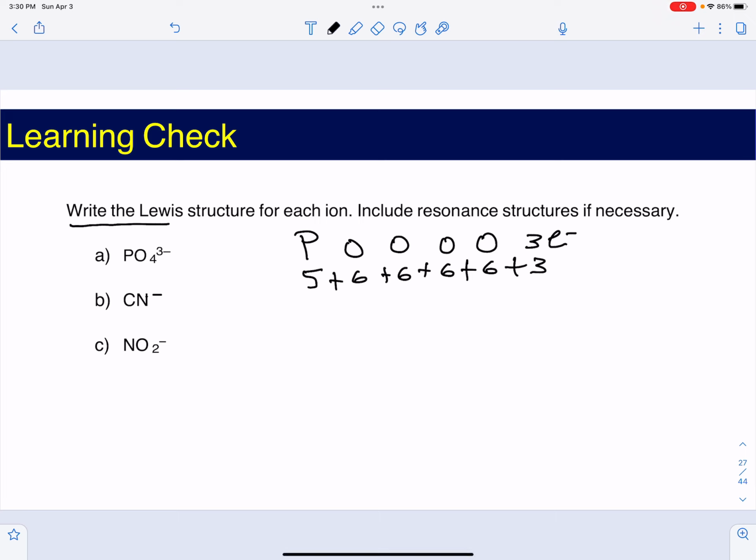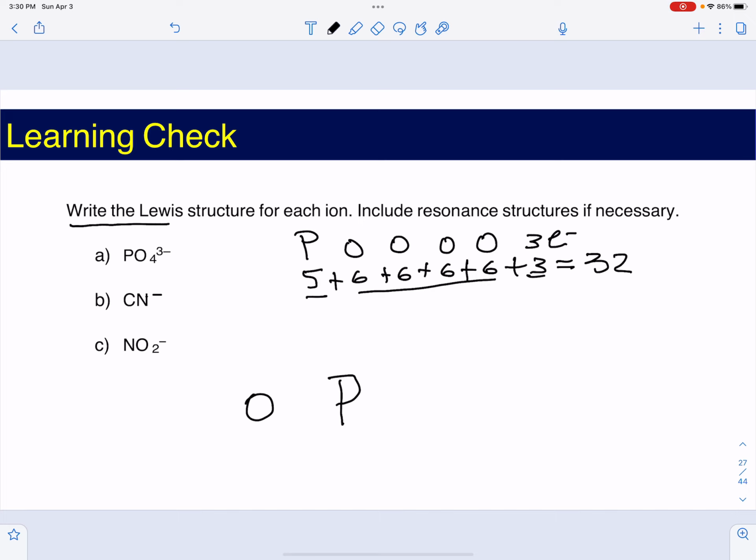Remember, the charge is how many additional electrons you have. So when we do that all together, we're going to have 32 electrons.